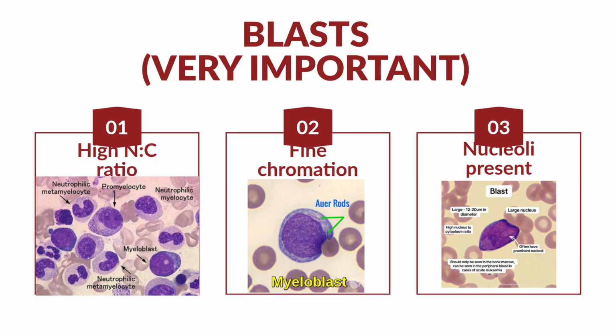Auer rods are only associated with myeloid blasts. You just saw that lineage. I put there the myeloid progression, myeloid blast. That's the only cell that is associated with Auer rods, in the myeloid lineage, and that is AML. Okay? And we're only going to see that in the myeloblast. If you see Auer rods, you're going to immediately think AML, myeloblast.